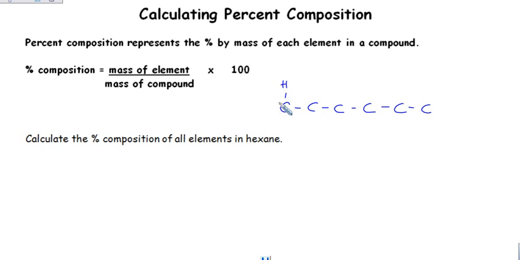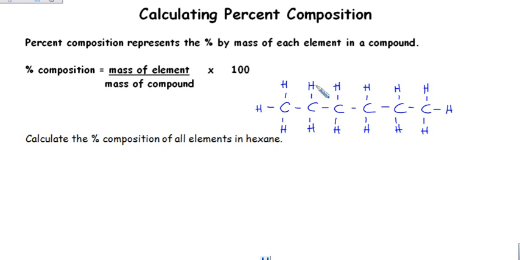Then we go around the outside and we add our hydrogen. 3, 4, 5, 6. Carbon always needs 4 bonds, so we'll fill them up. We'll count the hydrogens and we got our formula.